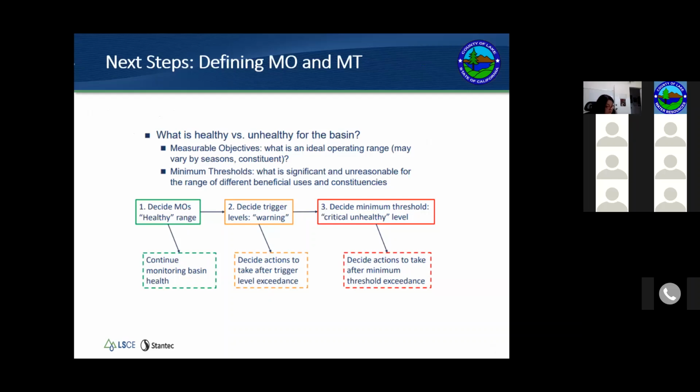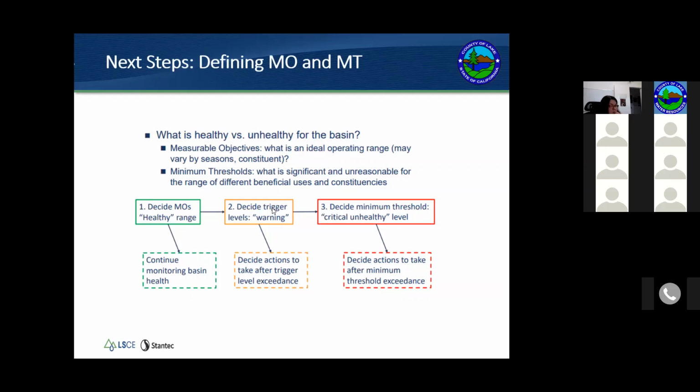Moving forward, we want to talk a little bit about defining the MOs and MTs. MOs are the measurable objectives, the objective we're going toward, and the MT is the minimum threshold.